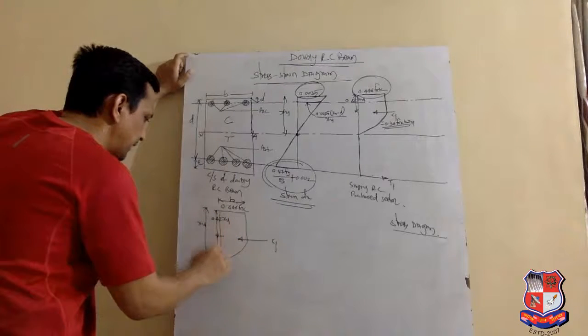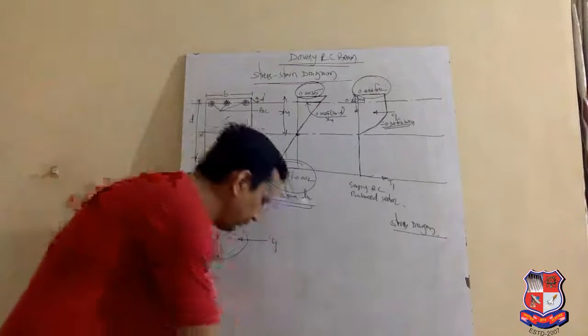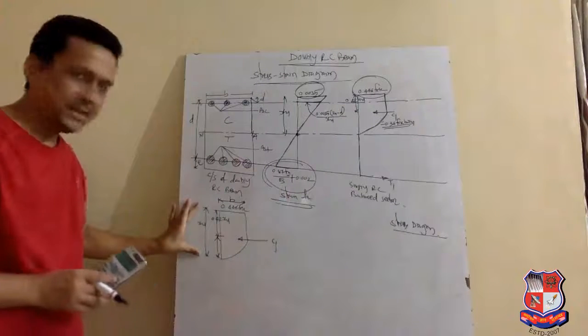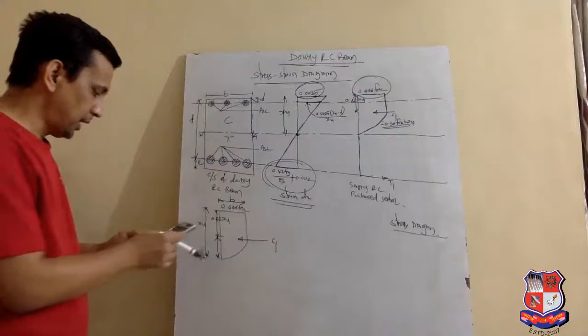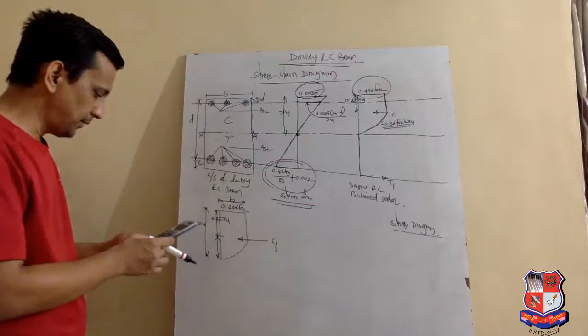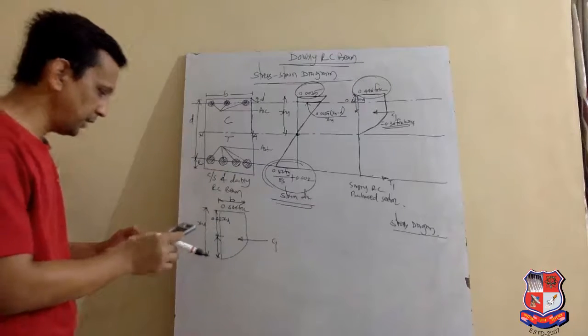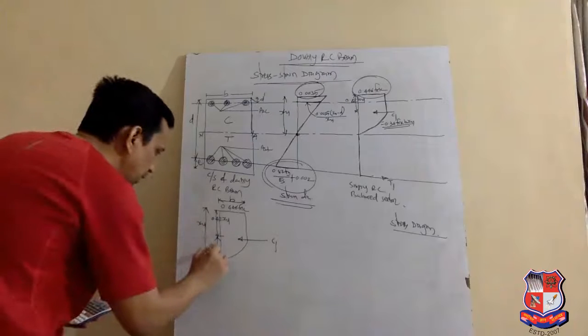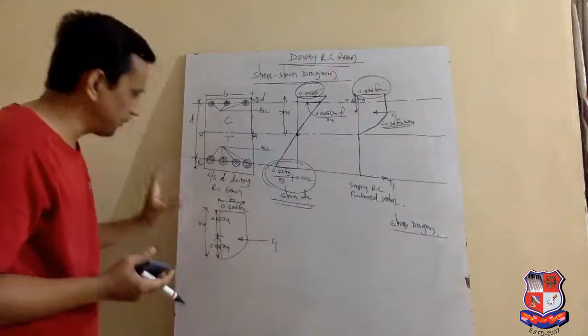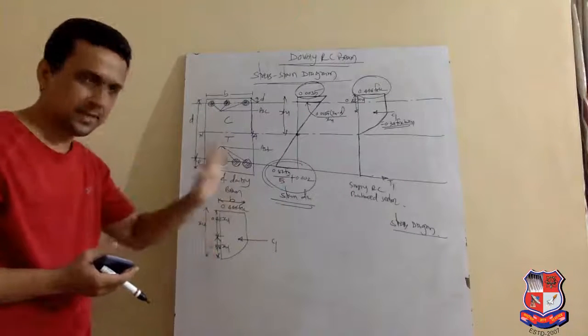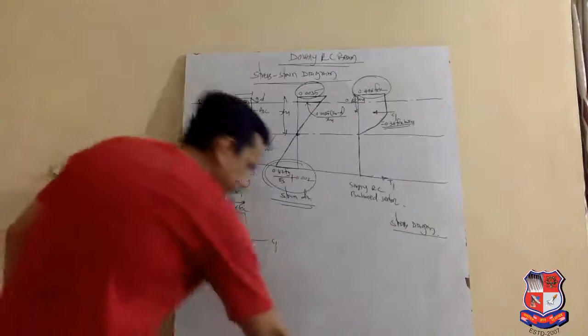Now what about this height? If this whole height is xu and this height is 0.42 xu, then doing 1 minus 0.42, this value comes to 0.58 xu. xu minus 0.42 xu will come to 0.58 xu.